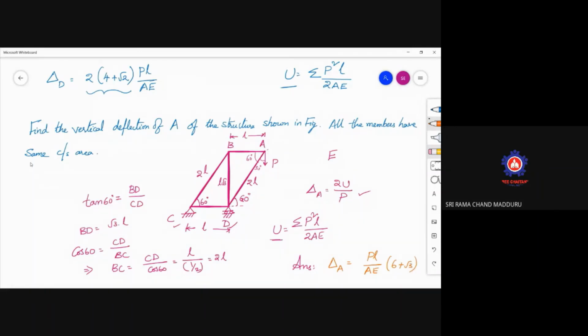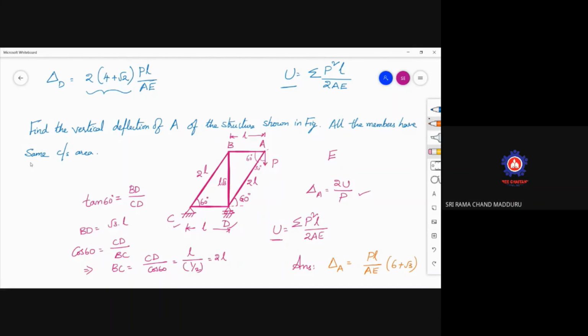Root 3 is 1.732, so that is nothing but 7.732 PL by AE. The final value will be PL by AE into 7.732.